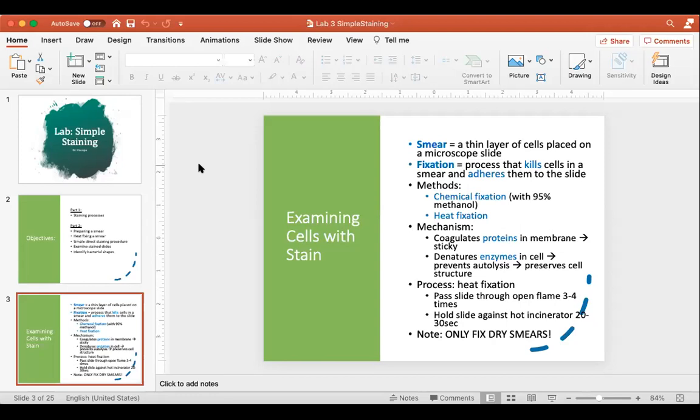Now, let me say that again, because I know that's a little confusing. When you fix the cells to the slide, you attach them with either chemicals or heat. What you're really doing is coagulating protein that's in the membrane, and making it sticky, so it literally sticks to the slide.